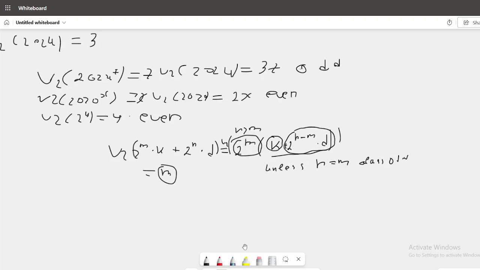This will be odd, because in that case you get an odd power here, you get an even power here, right? 2 to the power of m, and you times it by k plus d. Only then will it have a chance to be odd.